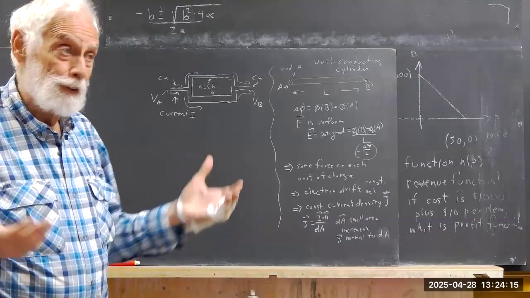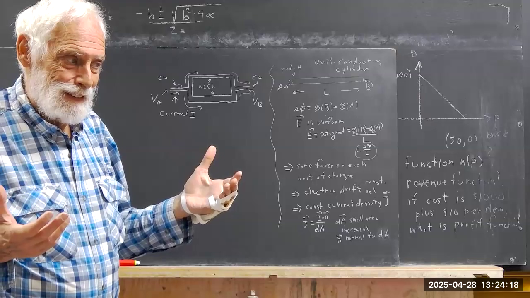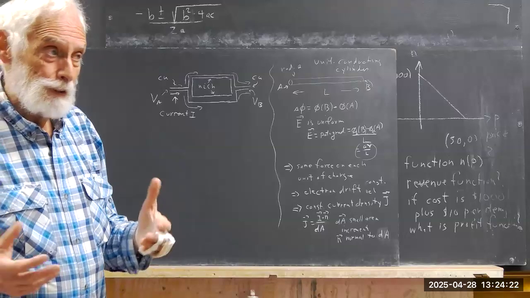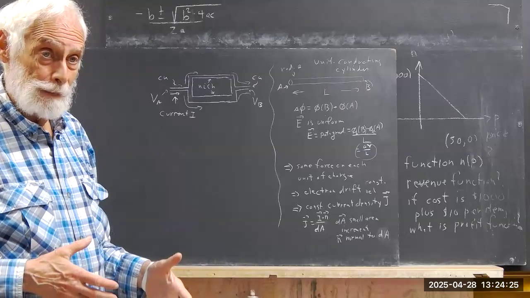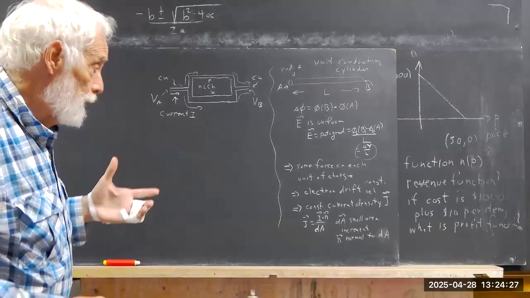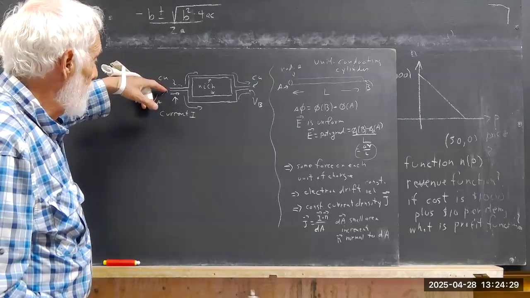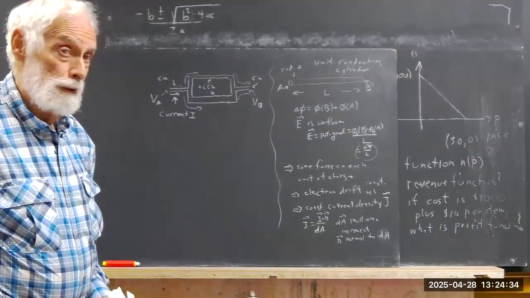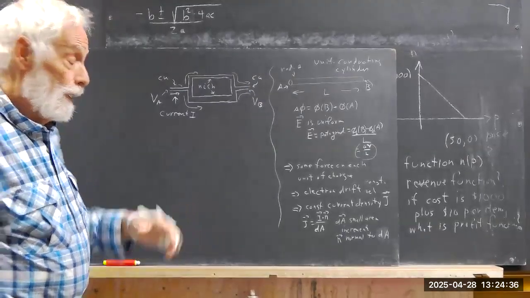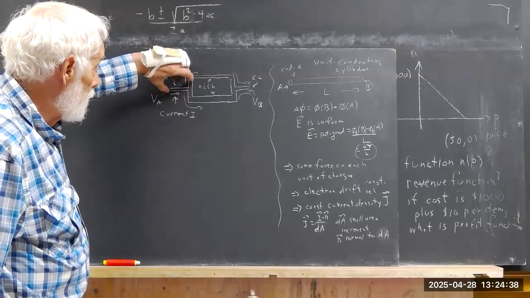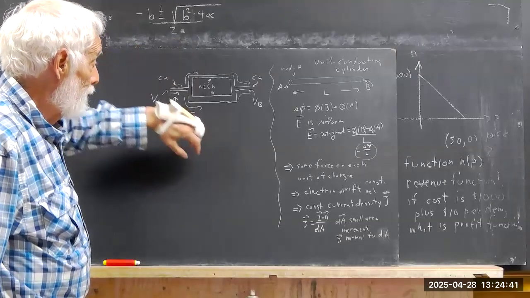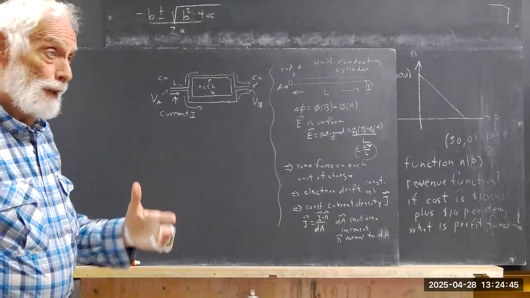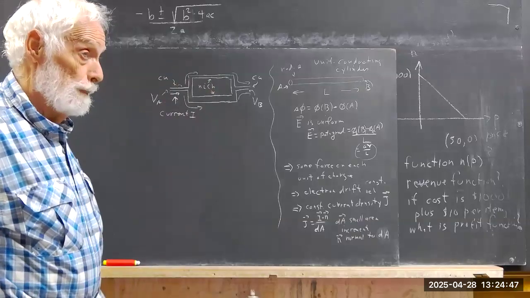Nichrome's about 100 times as resistant as copper. Okay, which means it has about 1/100th the conductivity. So my point is that you conduct current through the copper with very little voltage. There's very little voltage change from here to here or here. Okay, makes sense? Most of the voltage change is going to be in the nichrome.